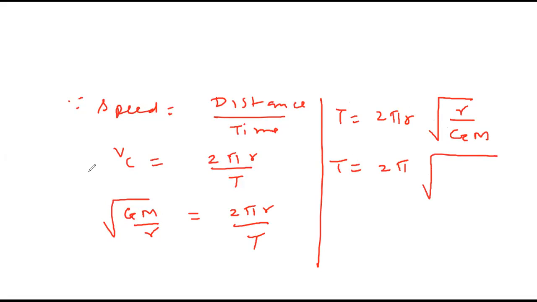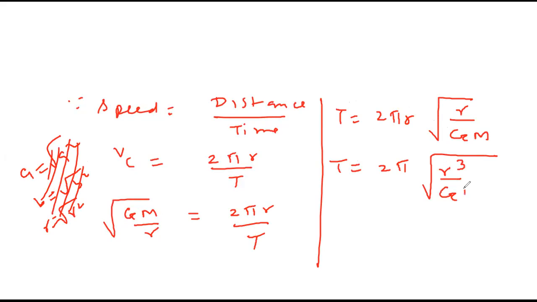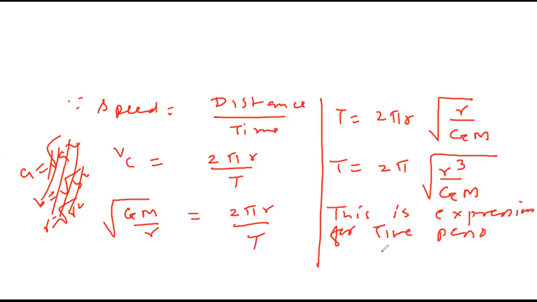Will it become r square? If A, can I write root of A square? Correct? So it will become r cube upon G M. This is the expression for time period of satellite.